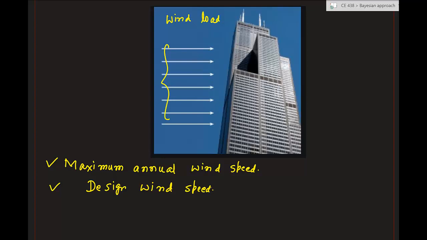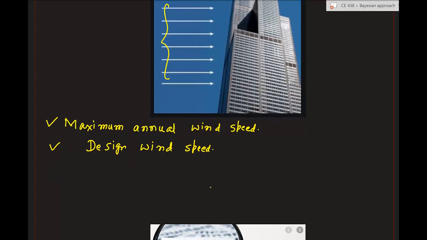Whenever we design a building, we have to see that my design wind speed should not be frequently exceeded by the maximum annual wind speed. So my target is that the design wind speed should be greater than the maximum annual wind speed.